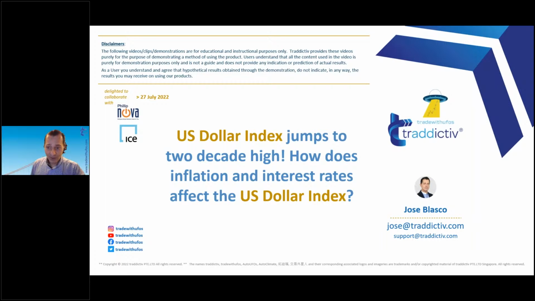The title for today's presentation is the US dollar index jumping to a 2-decade high. I guess this is not new for anyone. Everybody has heard it on the news or seen it on the charts. Today the idea is to learn a bit more how inflation and interest rates affect the US dollar, and of course tie this education piece to market opportunities, and how to exploit what's happening out there.